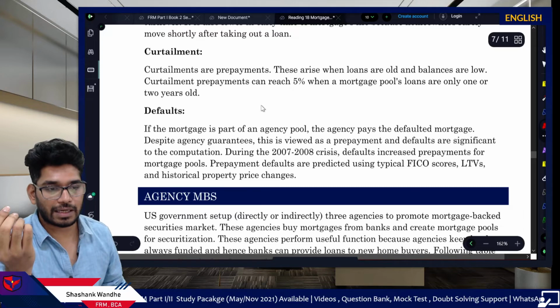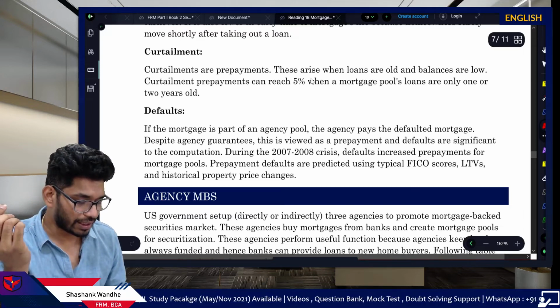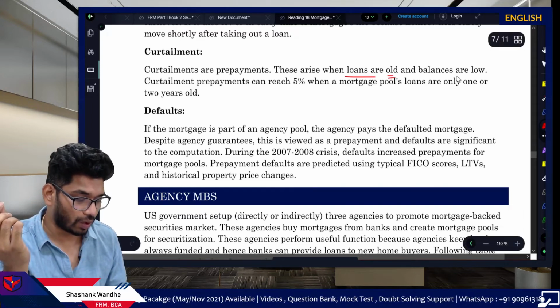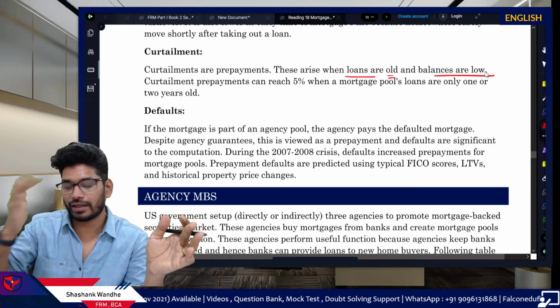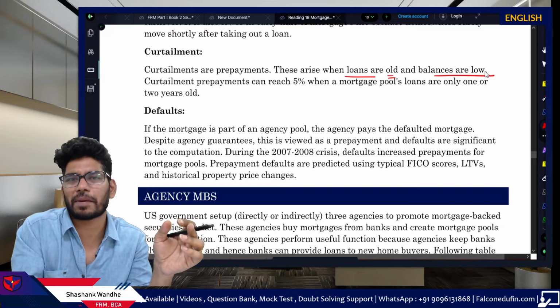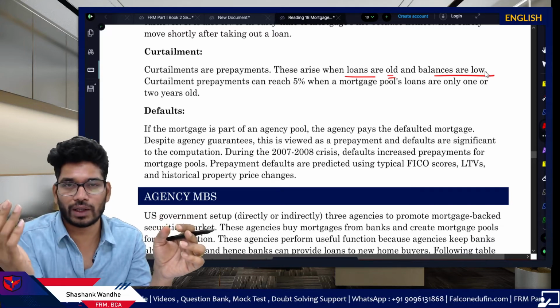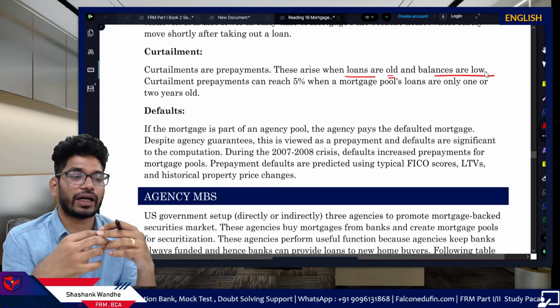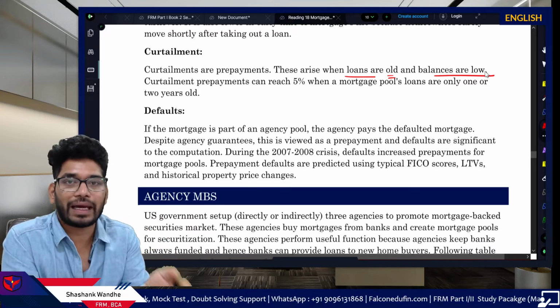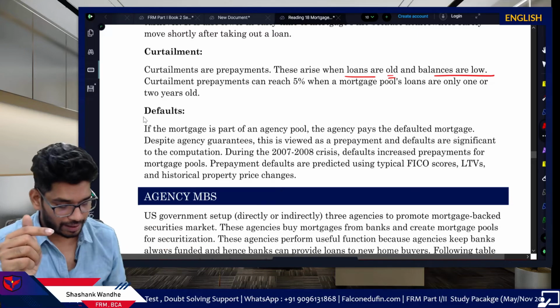Then there is curtailment, which arises when the loans are old and balances are low. Say you borrowed for 10 years, this is the 8th year and the principal payment is very small, and you don't want the headache of paying every monthly installment, so you pay it early. That's curtailment. And then there is default.